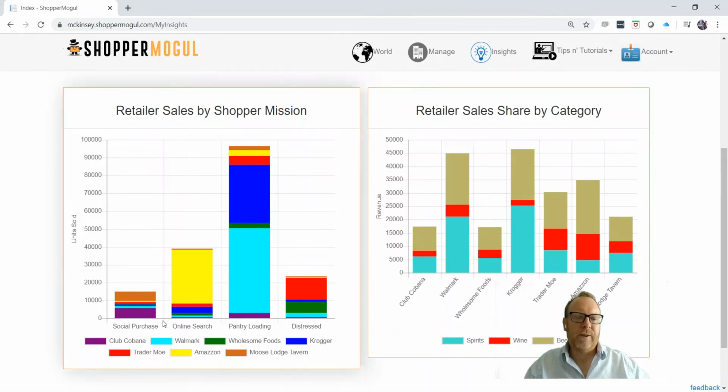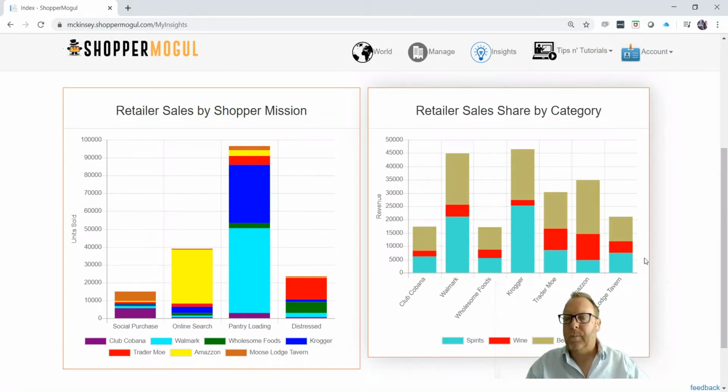What we can see is that for each of these missions, this chart gives you an idea, first of all, of how important the different missions are overall, and secondly, which retailers are most important. So if you're trying to decide which pack should I prioritize in this store, this is helping you to understand, okay, the products that you've made for pantry loading are going to be most relevant in Walmart and Kroger.